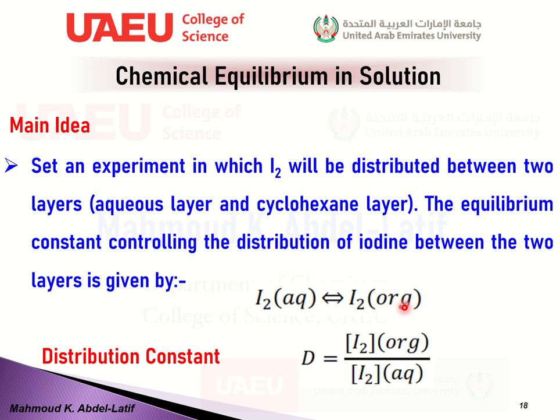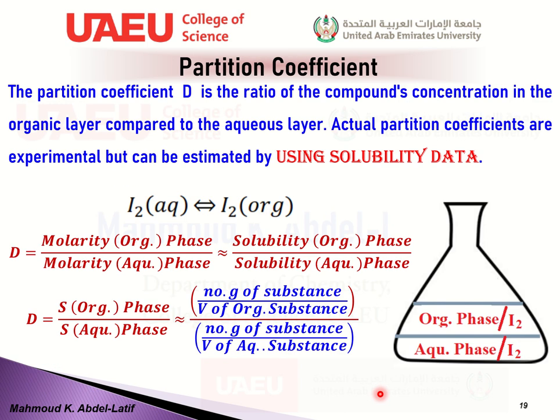The equilibrium constant in that case is called the distribution constant or distribution coefficient. It will equal the concentration of iodine in the organic layer divided by the concentration of iodine in the aqueous one.